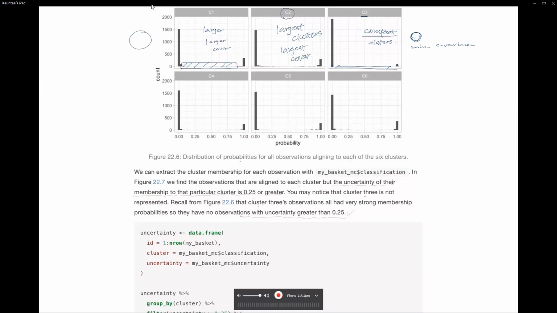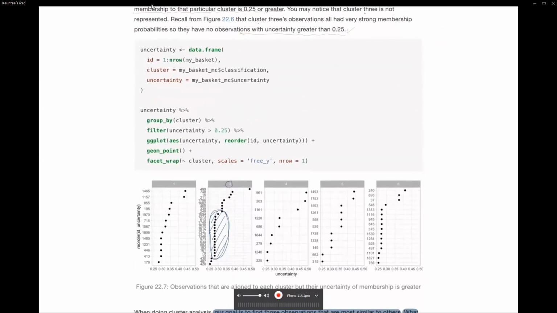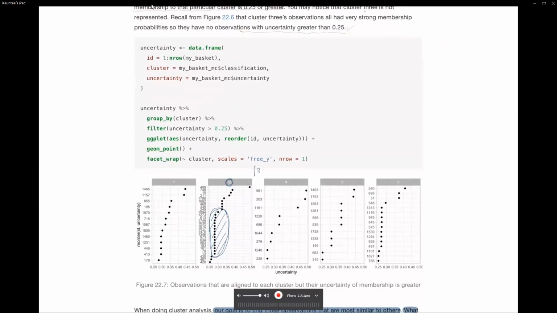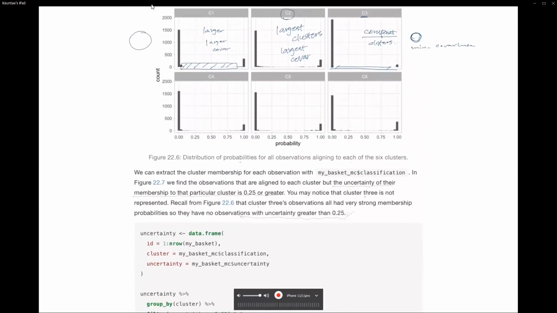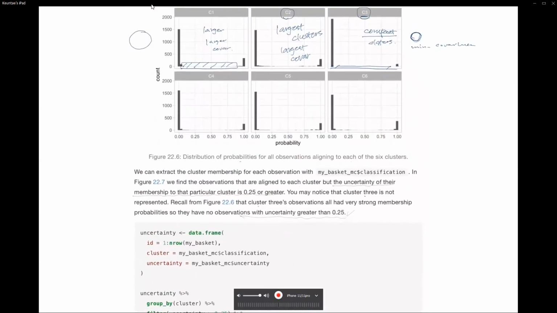At the same time, this C2 has a very loose classification outcome compared to number 3 and the other clusters. Cluster 3 does not have any plot because it has a very clear and compact clustering outcome.